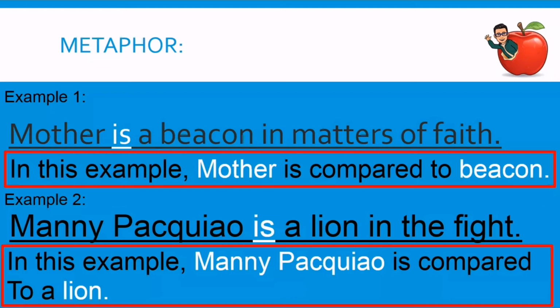Siguro, ang pagkaisog, diba? The way he fought his opponent during sa iyang boxing fight, diba? So, inana ang lion. Okay, so inana ang metaphor, it is direct comparison without using the word like and as.